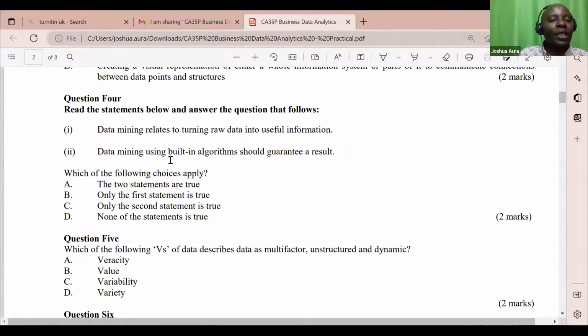A, the 2 statements are true. B, only the first statement is true. C, only the second statement is true. D, none of the statements is true. Which one? You guys are good at guessing. Which one should we talk about here, really?